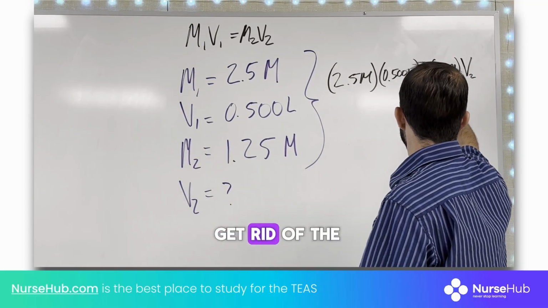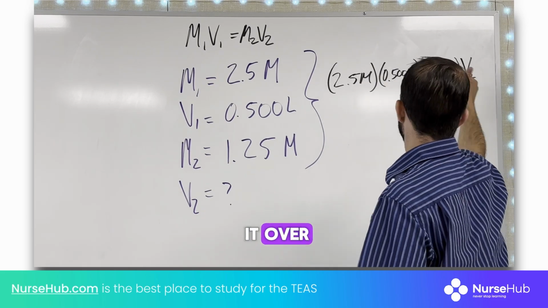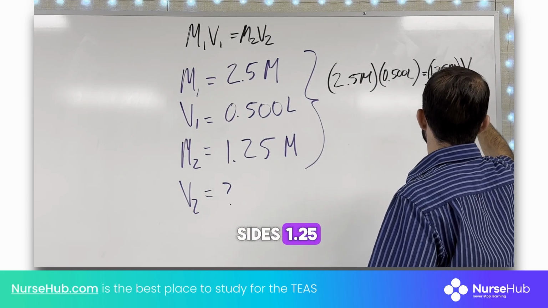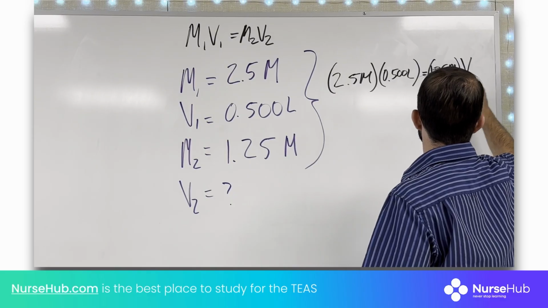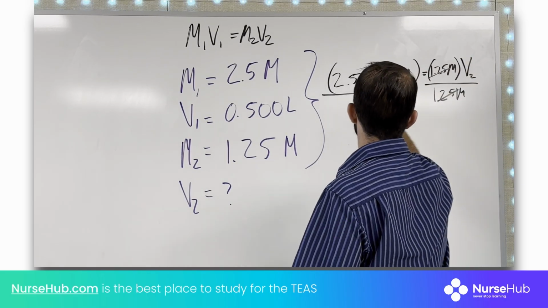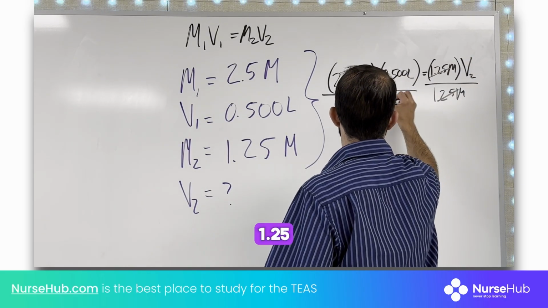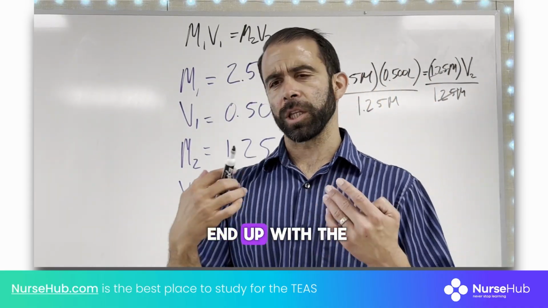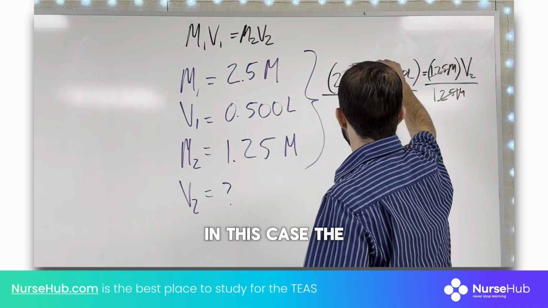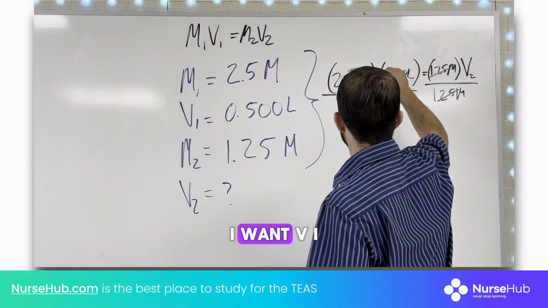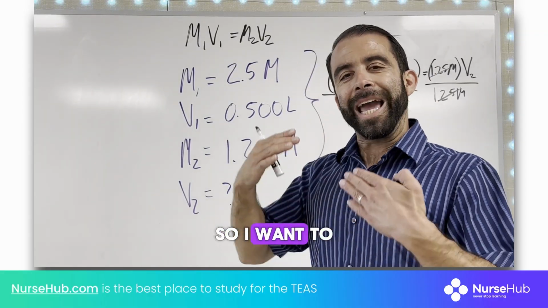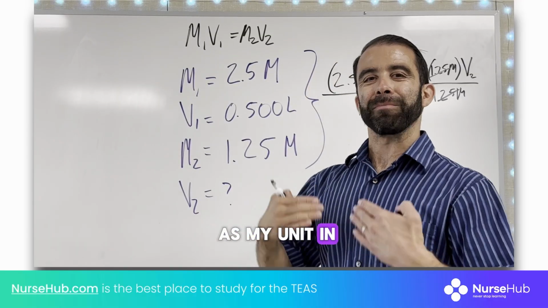So I need to get rid of the other number and move it over so I can divide it out on both sides. 1.25. I like to cancel my units out whenever I can to make sure I end up with the unit that I want. In this case, the unit I want is liters. I want V. I want a volume. Liters is a unit of volume. So I want to end up with that as my unit in my answer.